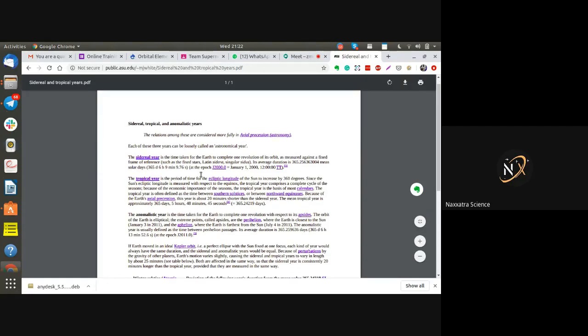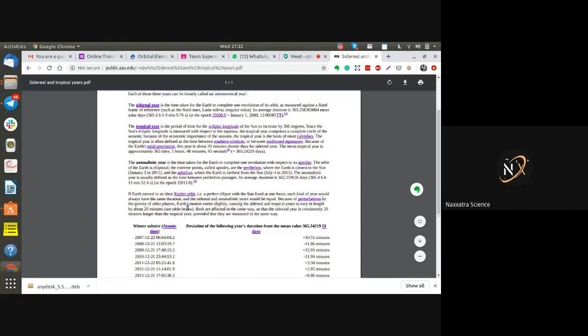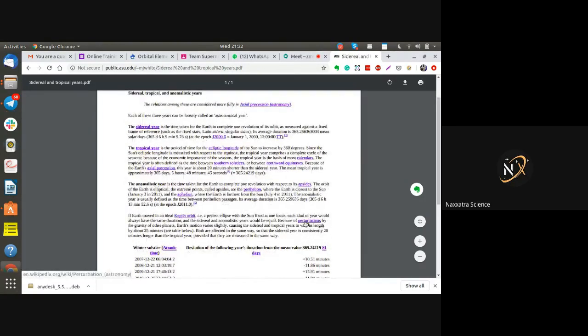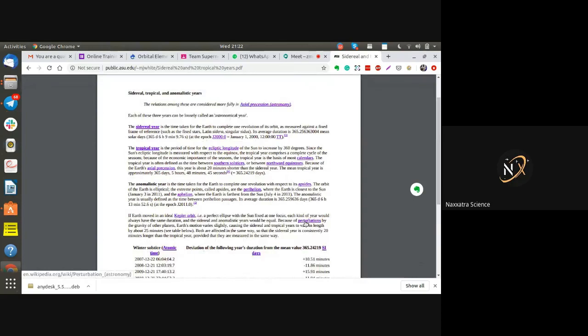I'll try it at the end, in case my laptop hangs. But hopefully you can imagine that when the Earth sweeps 360 degrees with respect to the distant stars, a day is completed, right? But with respect to the sun, the Earth has moved just a teeny bit. And because of that, it has to cover some extra amount of angular distance to be in the same position with respect to the sun.